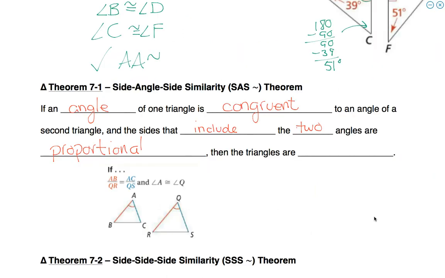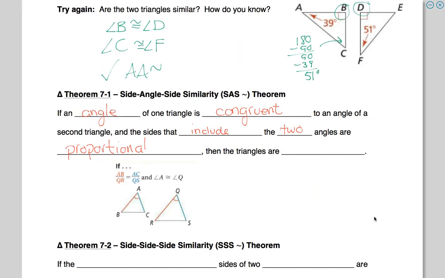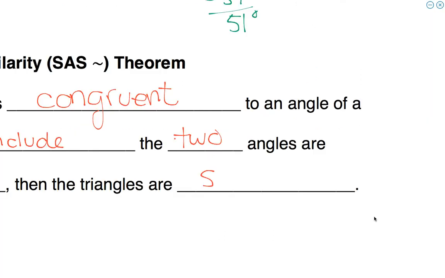So let me read that again for you. If an angle of one triangle is congruent to an angle of a second triangle, and the sides that include the two angles are proportional, then the triangles are similar.